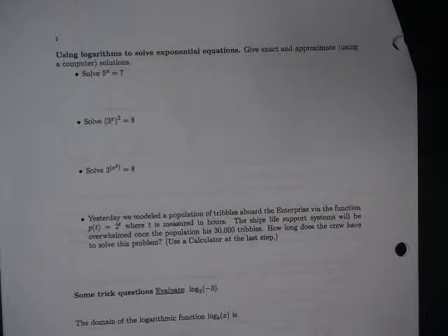On the other hand, what do you get if you just rewrite this in log form? What's the base? 5. So log base 5 of, what's the thing on the other side of the equation? 7. Log base 5 of 7 is equal to x. Hey, cool, does that just solve for x? Yeah.